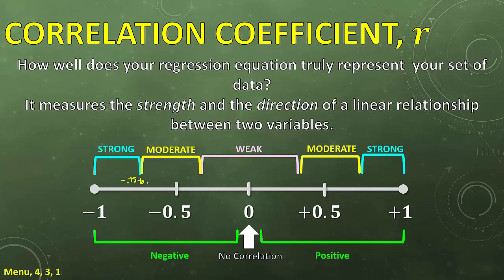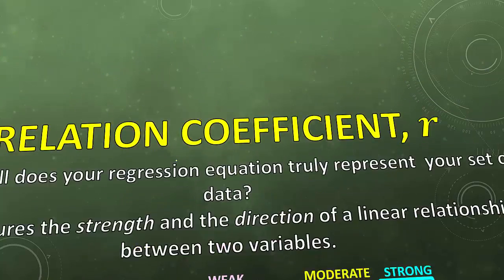That should actually be the other way around, but that's okay. Whereas this would be a positive 0.75 to positive 0.8, this point right here. And then, I don't know, positive or negative 0.3. You get the idea as far as where it goes. So moderate's going to be kind of in there.